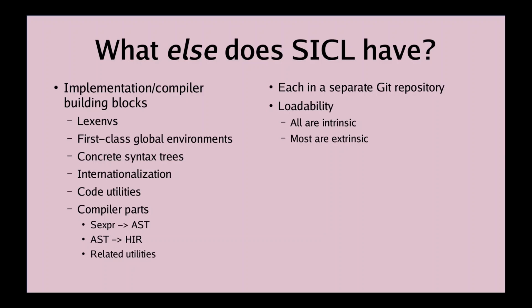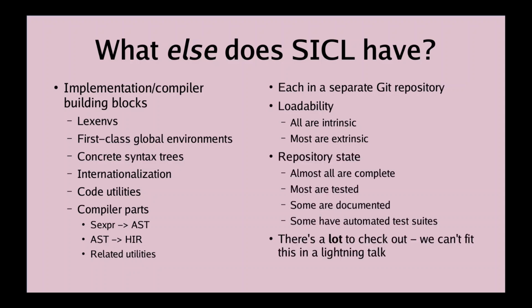Most of them are extrinsic, which means that they can be loaded as a library on top of your already running SBCL or Clojure or whatever other implementation without really modifying or replacing any system functionality. Almost all of them are complete, most of them are tested, some of them are documented, and some of them have automated test suites, so they are tested more than just by being used. And there is a lot of this to check out.